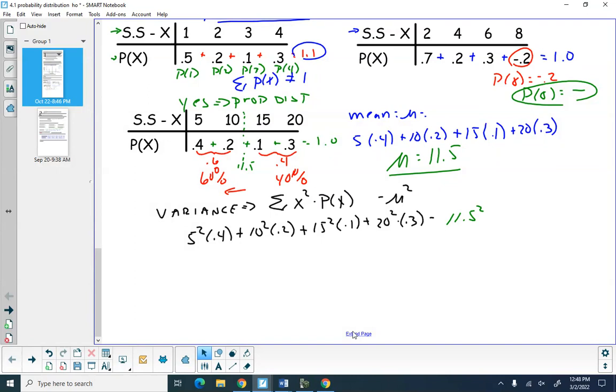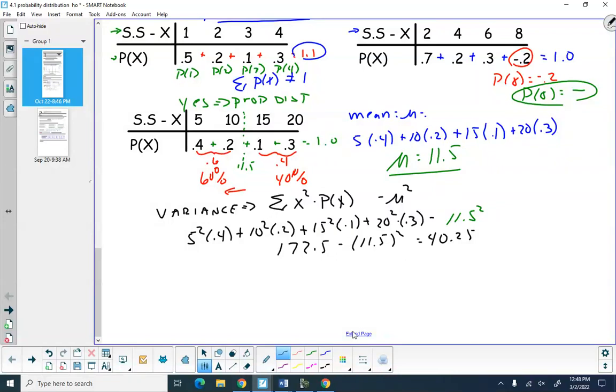So 25 times 0.4 plus 100 times 0.2 plus 15 squared times 0.1 plus 20 squared times 0.3. So this comes down to 172.5 minus this 11.5 squared. So we should come down to 40.25.